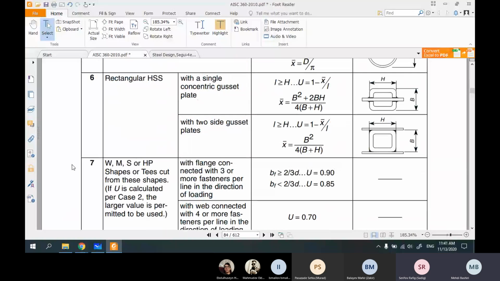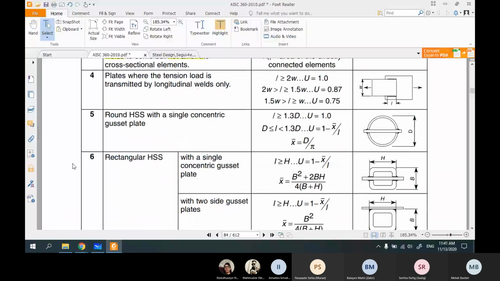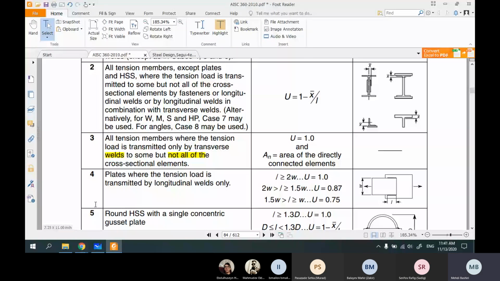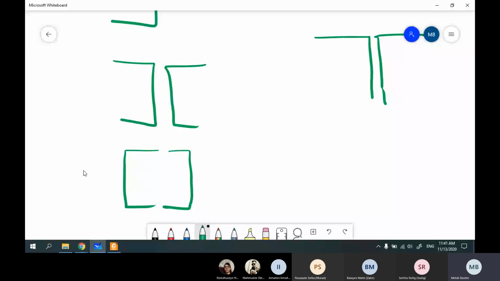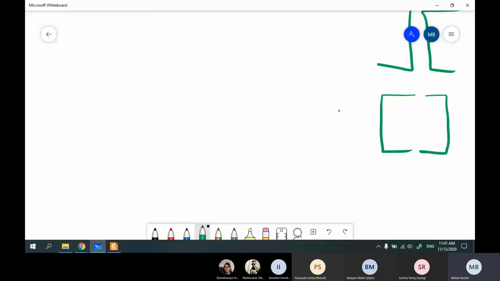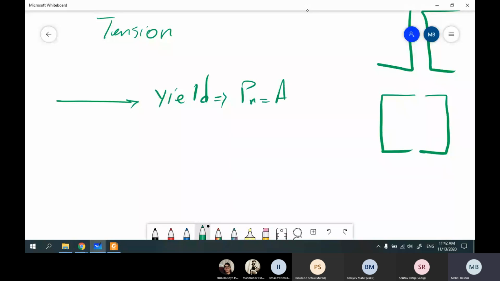Okay. So far, I talked about two failure criteria. What was the first one? For tension member, each load regime has its own failure criteria. For tension, so far we talked about yield. What was the yield equation? Pn is equal to gross area times yield stress.